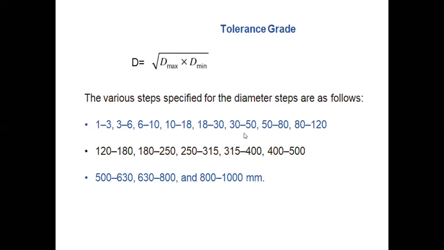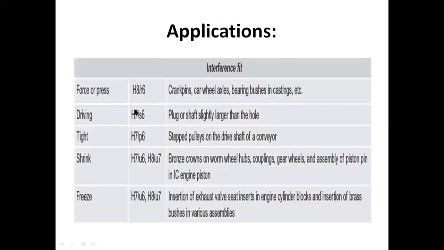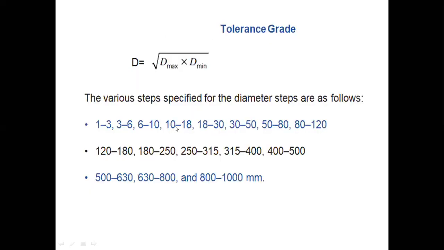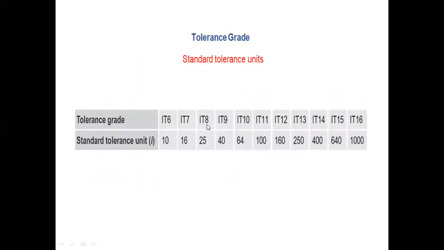And what is the use of these hole and shaft assembly pairs? See the H, always remember the capital letters indicate the hole and small letters are for the shaft. H8 means H is the hole and 8 means you have to refer to IT8.